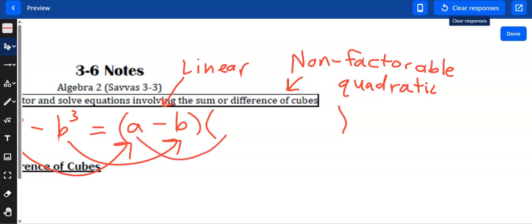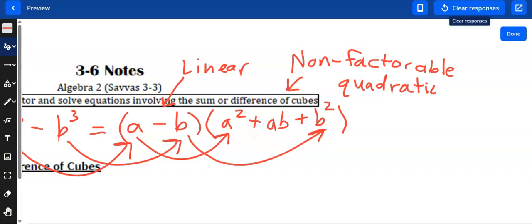So I literally take the first term and I square it. And I do the same thing with the last one, square it. Then I multiply them together, and take the opposite sign. So if it was a minus in the first parenthesis, it is now a plus.